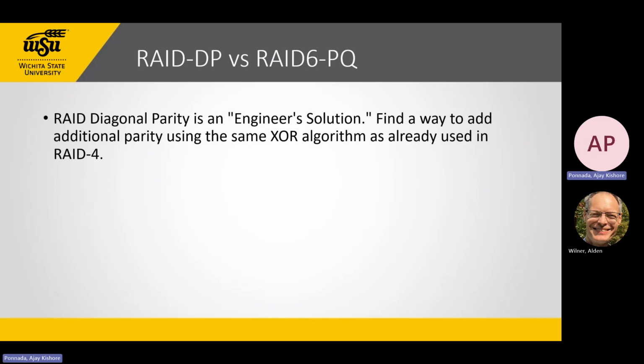And yes, RAID diagonal parity is an engineer's solution. Find a way to add additional parity using the same XOR algorithm as already used in RAID 4. So we have discussed RAID 4, the same XOR algorithm, but it's the engineer's solution. They came up with a way to add additional parity, something different than we discussed previously.